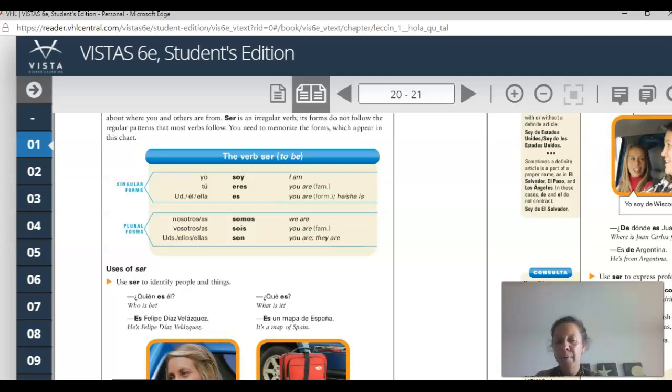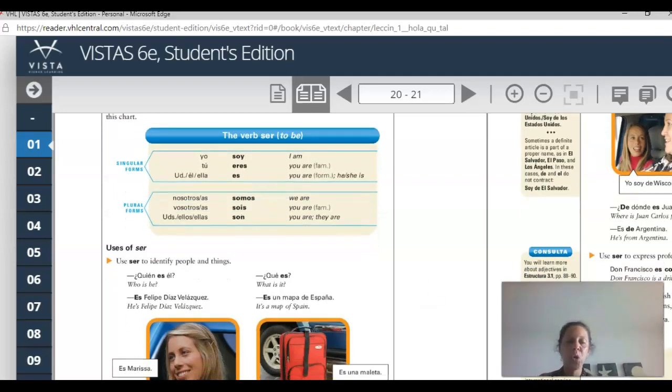A ver, por ejemplo, tú eres, él, ella o usted es. Nosotros somos, ustedes son. I use the formal, and then the informal, vosotros sois.